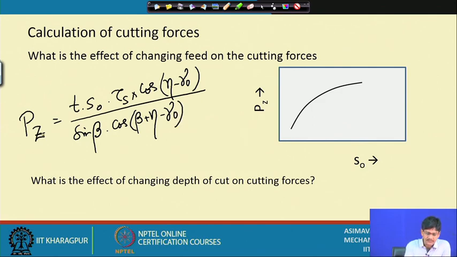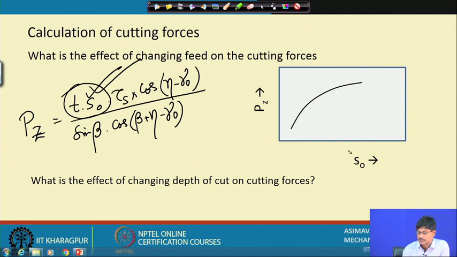If you take P x y or other expressions, you will find that these things are there in the cutting force expressions. Therefore, we can say yes, it is going to be directly proportional, but no. We find that the relation between P z and S O is of this type.